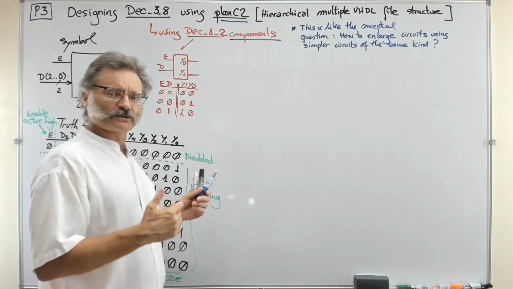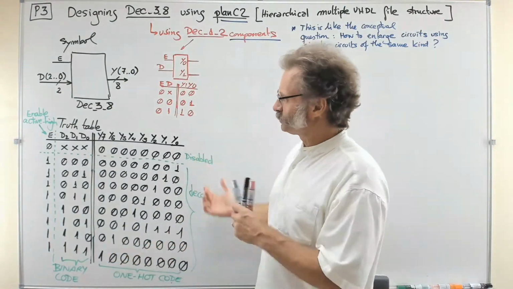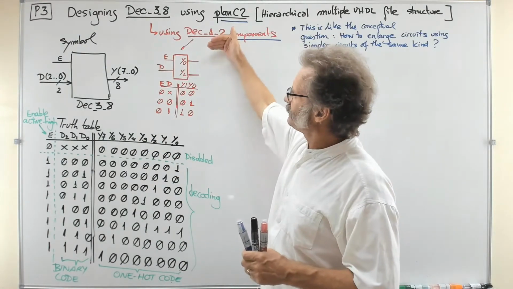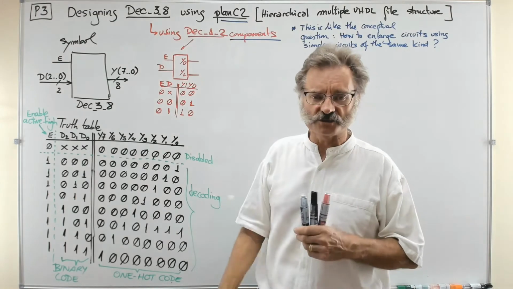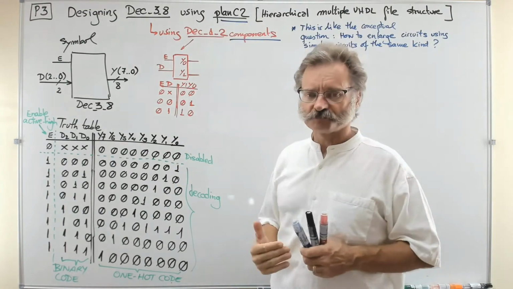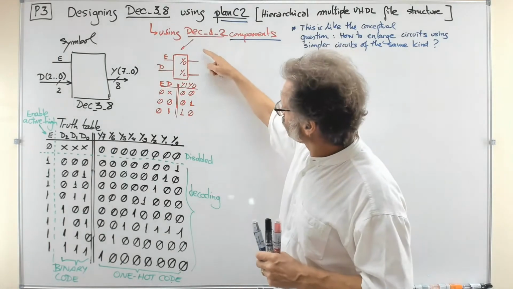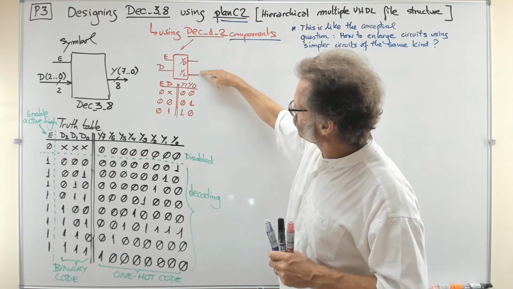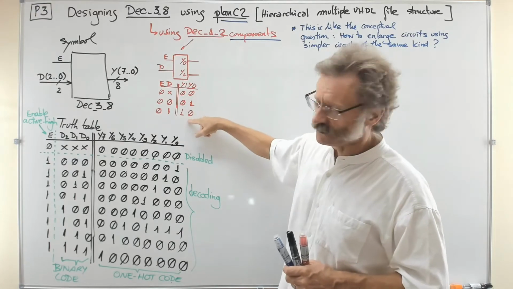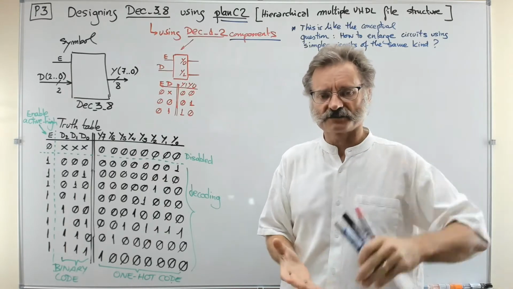So what goes next? That's the key point. What goes next and how to proceed? Because this is the initial specification, and this is again another specification that you are imposing here. Let's use this kind of decoder 1 to 2 as the basic component of the same kind, and this is something that has this symbol, and this is the table associated to the symbol. It's like this, but a lot simpler.